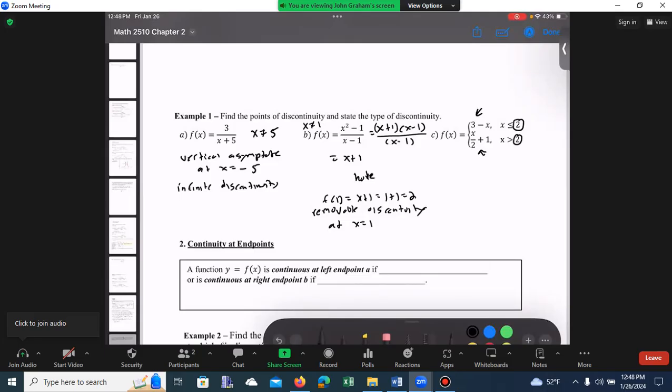But we have to see what happens at 2. So f of 2, 3 minus 2, will be 1. f of 2 for 2 over 2 plus 2, 1, is going to be 2. This creates a jump discontinuity.